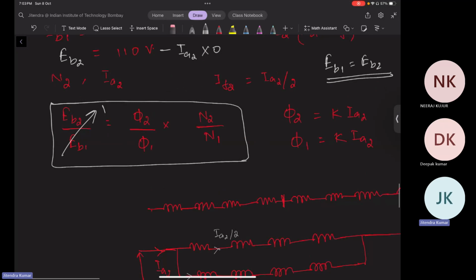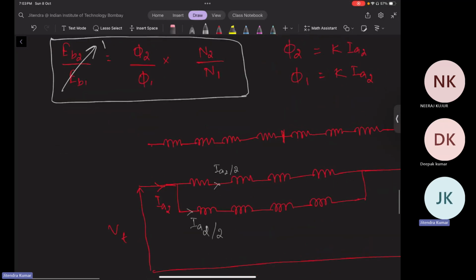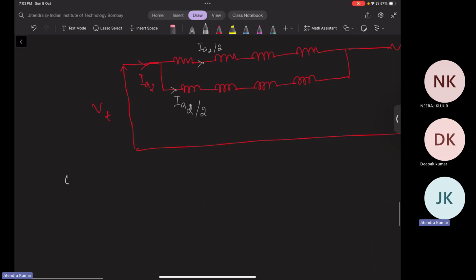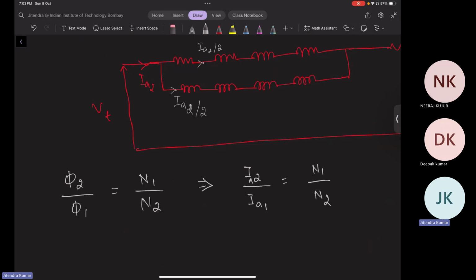So this is one. Now we can say that phi 2 by phi 1 is equal to N1 by N2. And phi 2 is nothing but I2 by I1 is equal to N1 by N2.